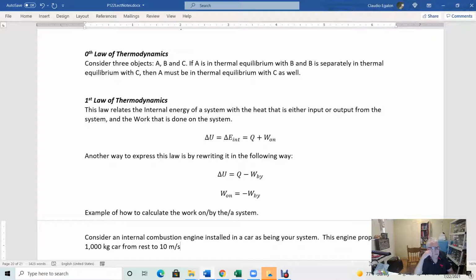So 0.6 kilometers per minute is 36 kilometers an hour. Not bad. Something around 20 miles an hour, not too much. The engine propels a 1,000 kilogram car from rest to 10 meters per second over a distance of, let's say, 500 meters.